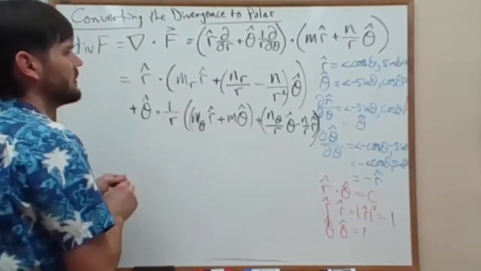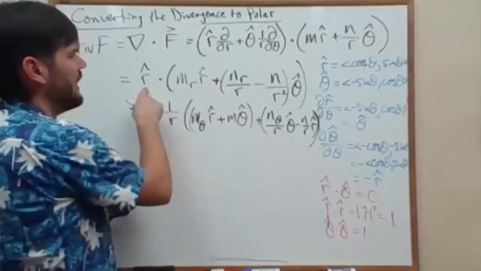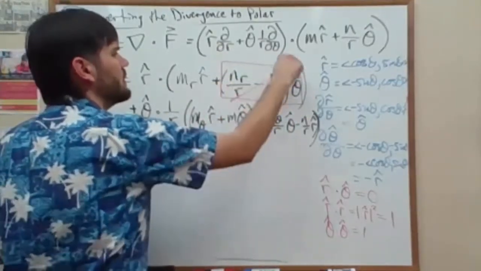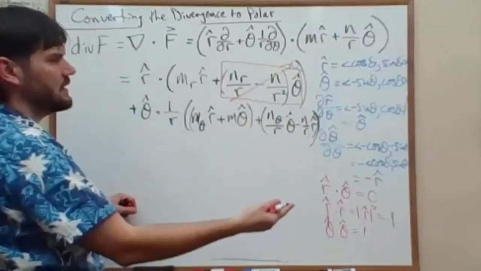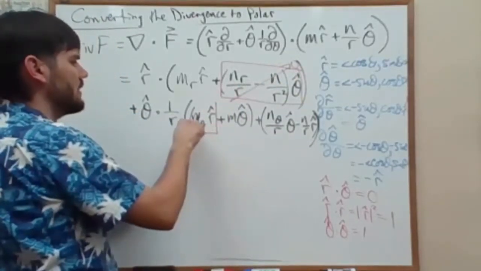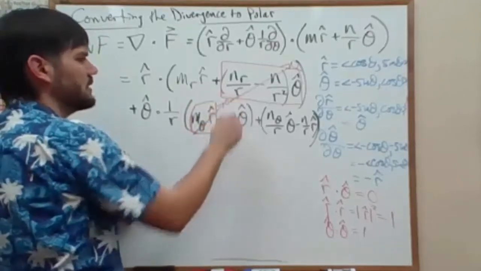And so let's first look for all the zeros. R hat dotted with this whole piece, r hat will dot to 0. And then theta hat dotted with this r hat piece, that will go to 0.